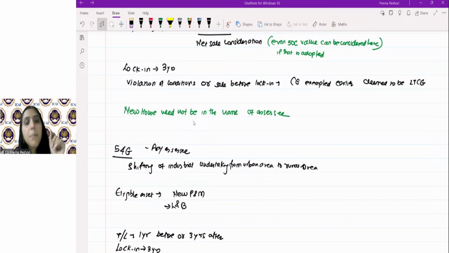Then the next decision is in context of the depreciable asset forming part of the block of assets on which depreciation is being allowed. So the depreciable asset which is forming part of the block of asset, whether its character will change if it is not used for the purpose of business. So whether in that case the gains can be not considered as short-term, or still if it is forming part of the block of asset, it has to be considered short-term capital gain.